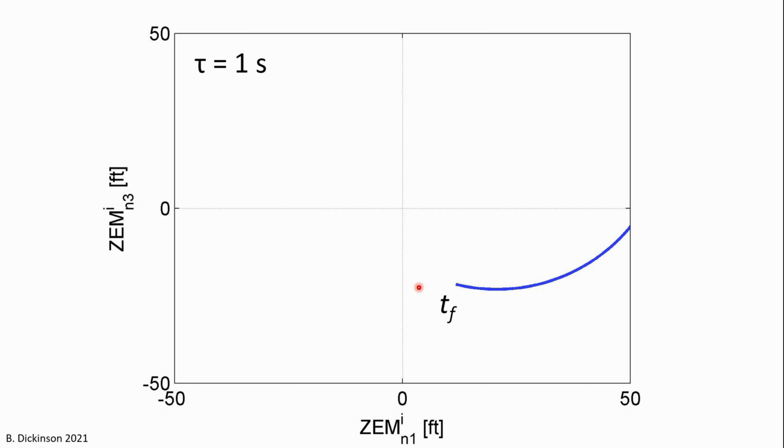This distance from the origin is essentially the same value as the miss distance. So we have about 11.8 feet of miss in the downrange direction and about minus 21.7 feet of miss in the altitude direction.